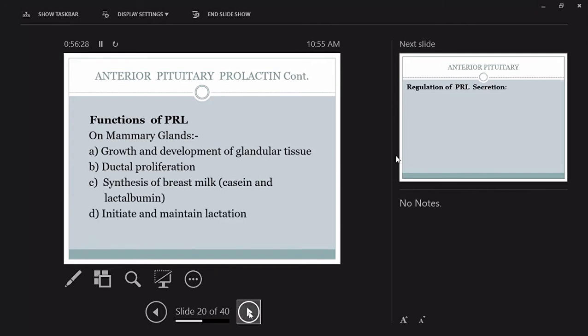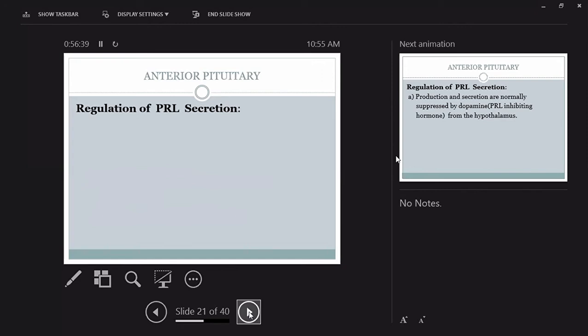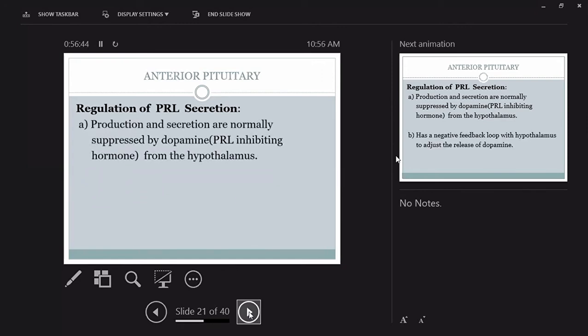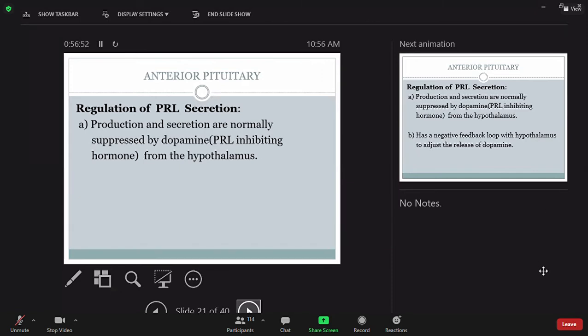Initiate and maintain lactation, especially when the mother is nursing her child, a newborn infant. Production and secretion are normally suppressed by dopamine. This is a prolactin inhibiting hormone from the hypothalamus, your dopamine.